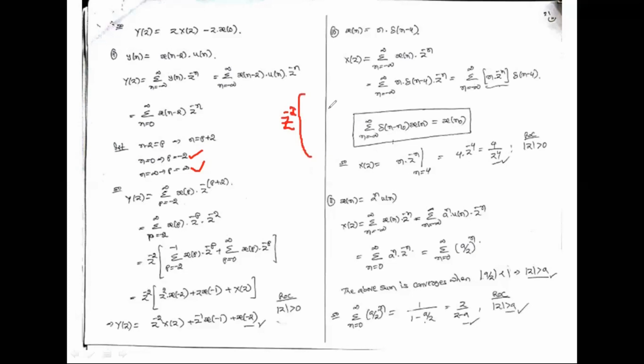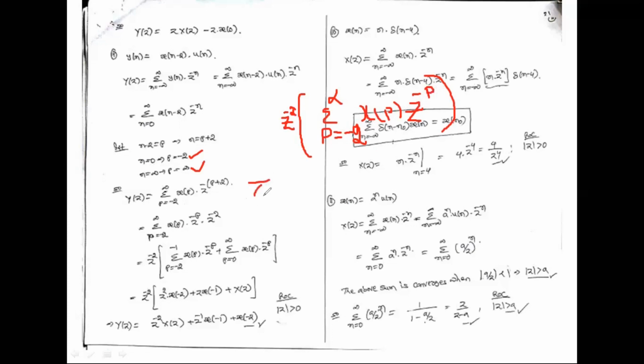What is the function remaining here? The sum over p from minus 2 to infinity of x of p, z power minus p. What is the before value of minus 2? It is minus 1. Minus 1 means x of minus 1 and z power minus of minus 1.